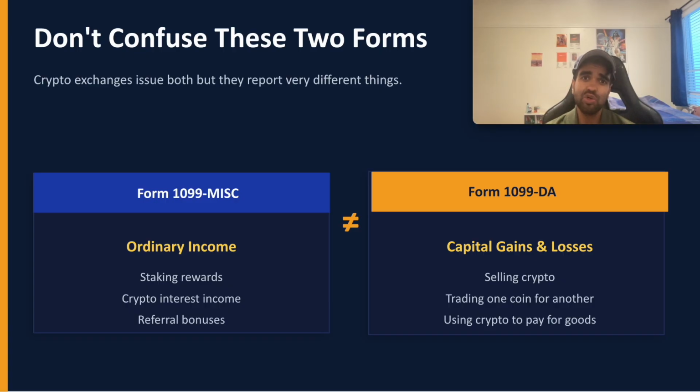So that might include income that you received in the form of staking rewards or interest rewards. Again, Form 1099-DA is focused on capital gains and losses. So that's from things like selling your cryptocurrency or trading crypto for another cryptocurrency. Again, we'll be focusing on Form 1099-DA in this video.